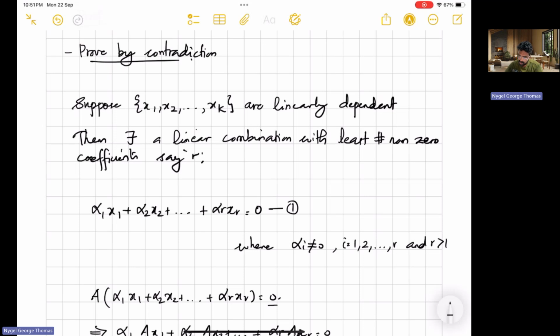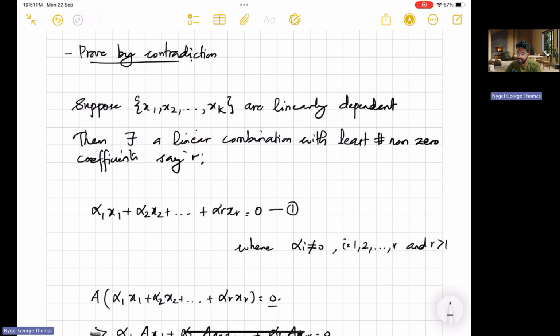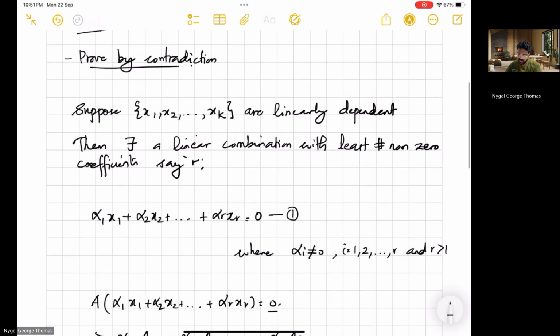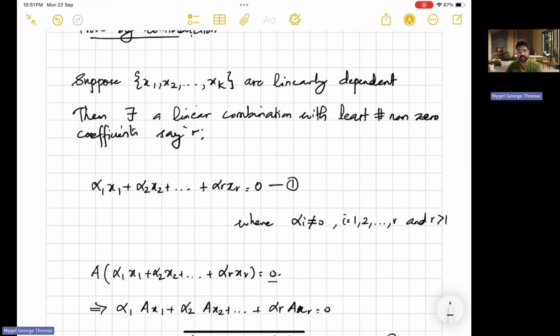Then, if they are linearly dependent, there exists a linear combination with at least r non-zero coefficients. Not all of them need to be involved, but at least r of them are linearly dependent.